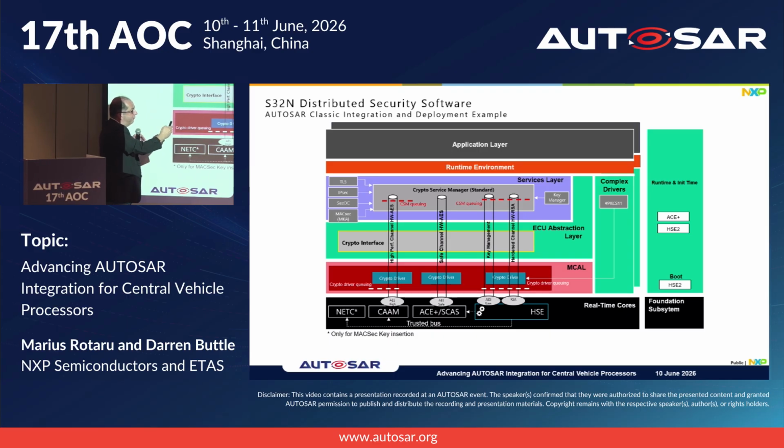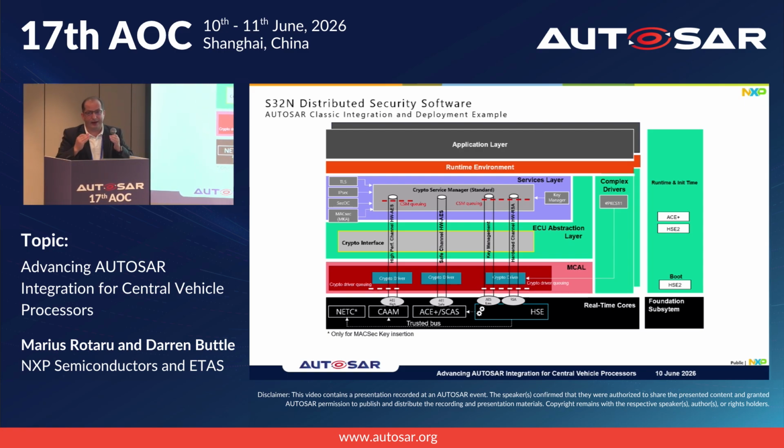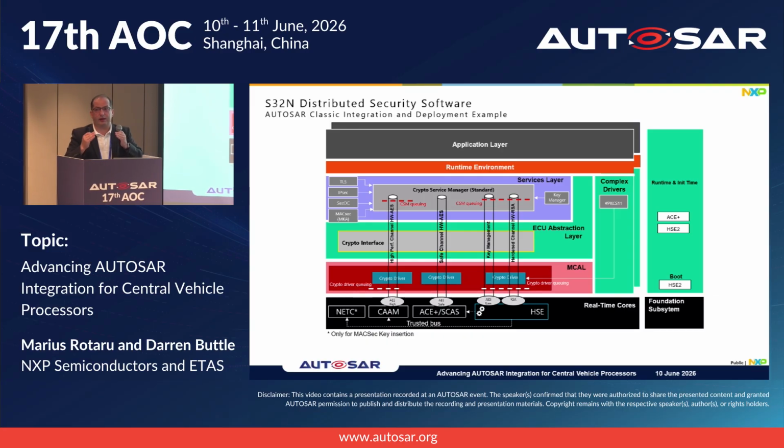For example, if you want to have TLS, you go to this accelerator. If you want to have SecOC, you go to this accelerator. If you want to do key management, most likely you will go to this accelerator. So this is how the design of the central vehicle architecture helps efficiently deploy AUTOSAR.